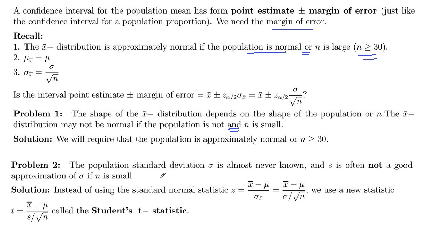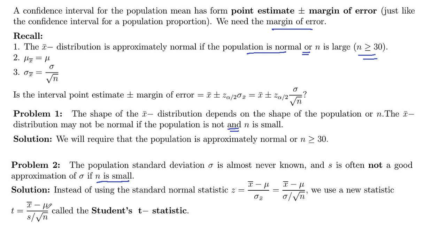Second problem, the population standard deviation sigma is almost never known. And the sample standard deviation S is often not a good approximation, again, if n is small. So the solution to this problem is, instead of using the standard normal statistic, X bar minus mu over sigma X bar, we are going to use a new statistic called the T statistic: X bar minus mu divided by S over root n.